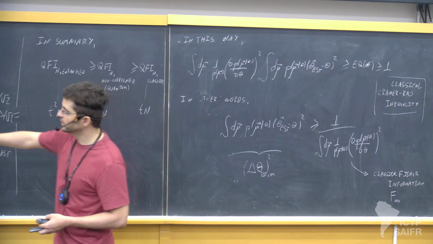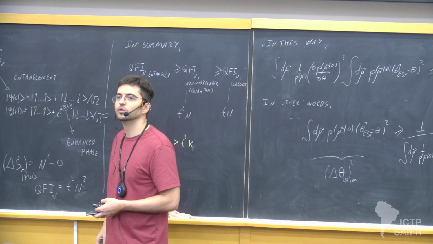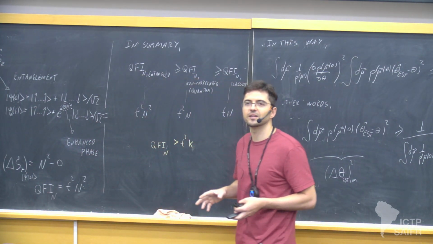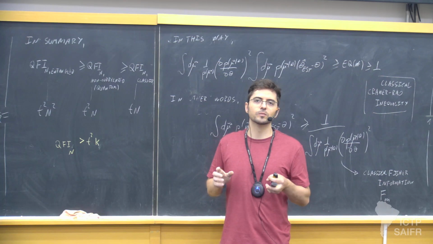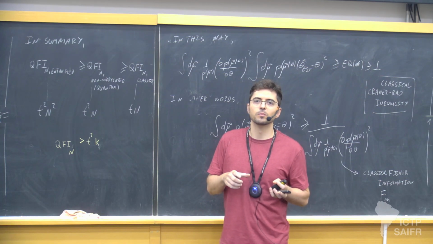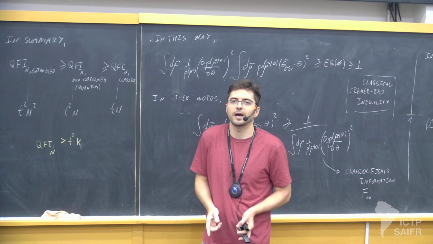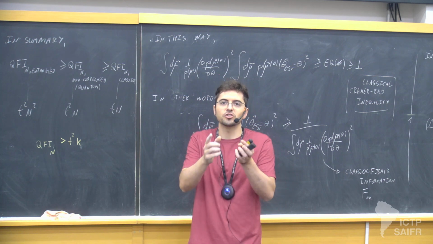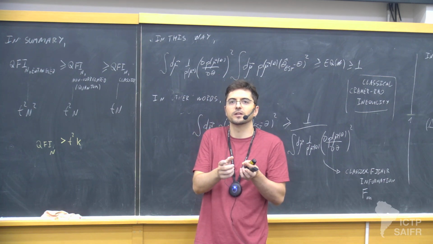So the T comes really from the protocol here. If you think just about the state itself, it would not make so much sense talking about T. It's more about the initial preparation and how the time evolution has changed your initially prepared state, okay?